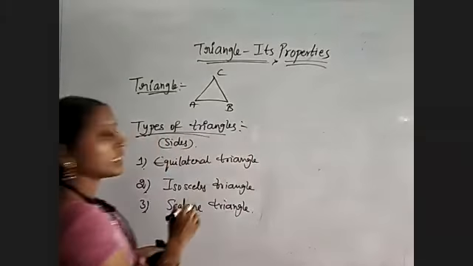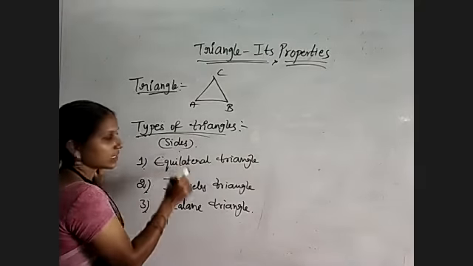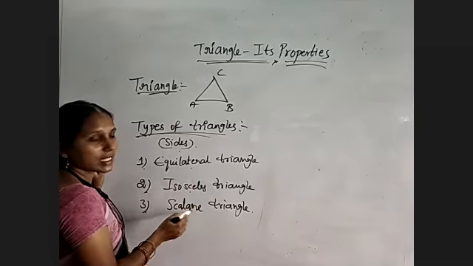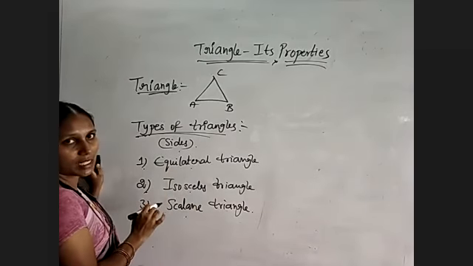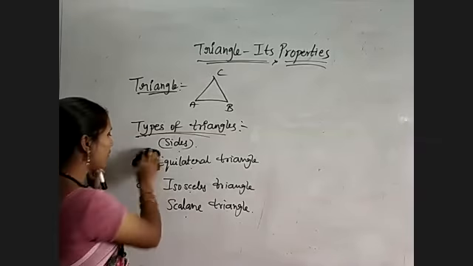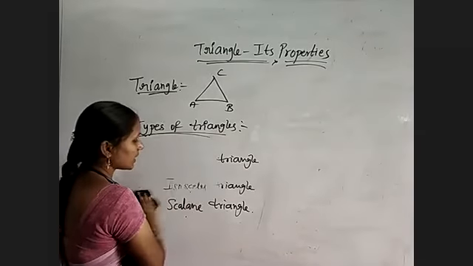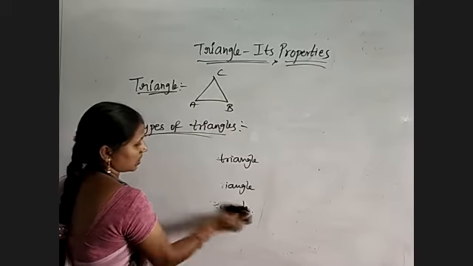So that is about sides: depending on the sides, what the different types of triangles are and what the different properties of triangles are. And after that we have, depending on angles, the three types of triangles.